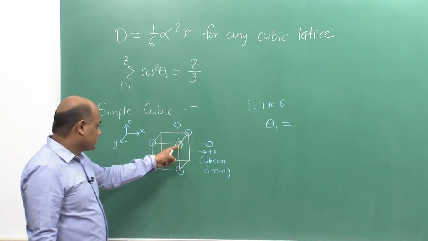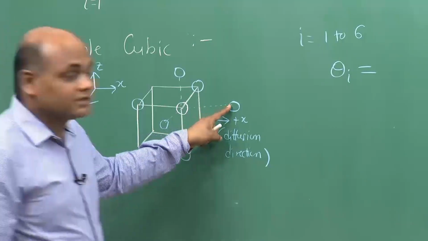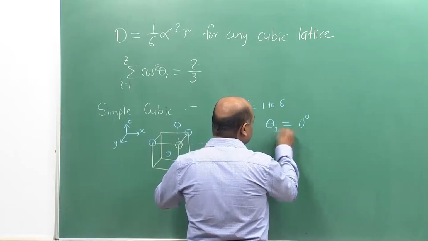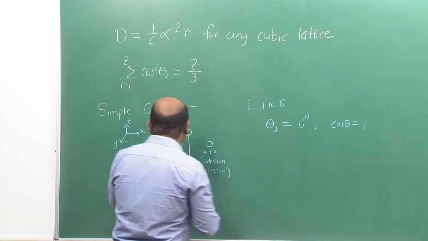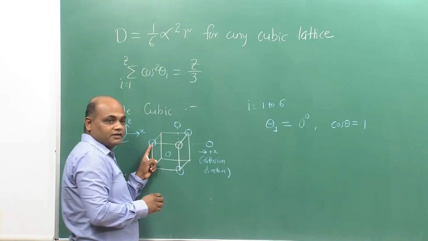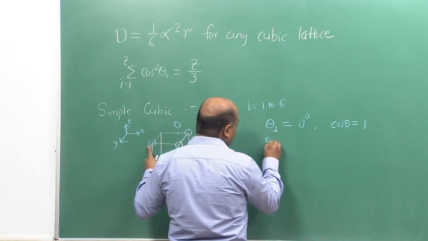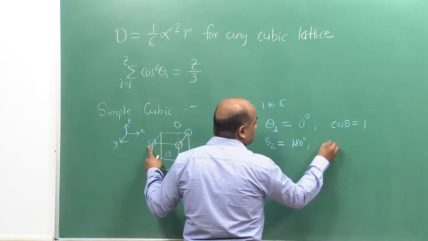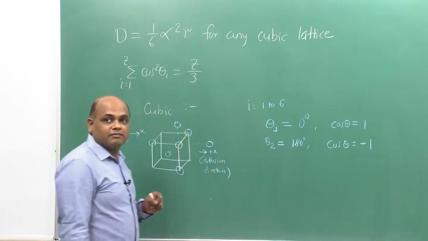This atom can jump either onto this side, let us call it theta 1, so cos theta is 1, or it can jump exactly in the reverse direction, that is minus x direction. So, theta 2 for this is 180 degrees, so cos theta here is minus 1.